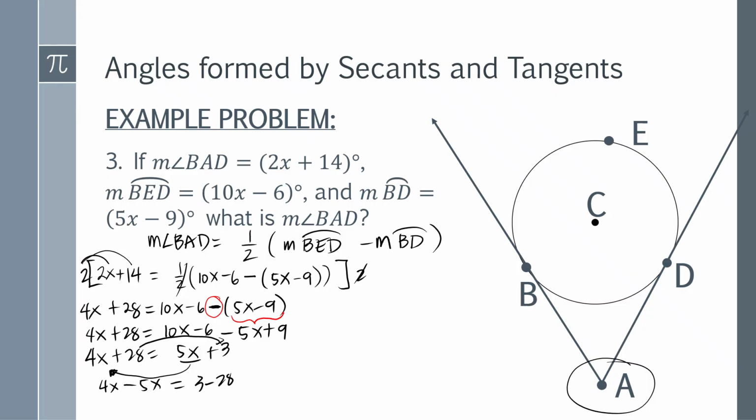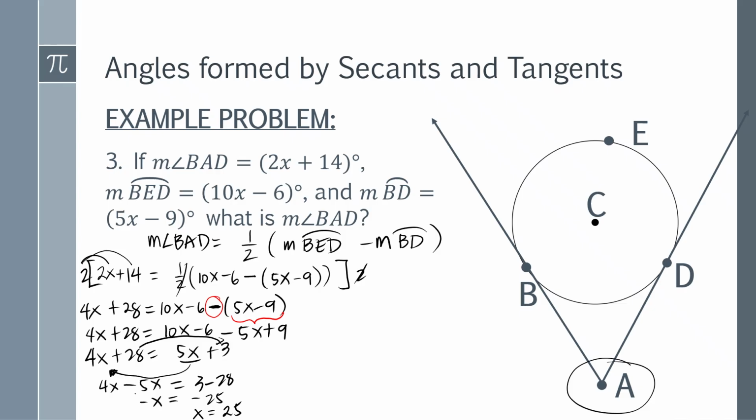And 4x minus 5x is negative x, which is equal to 3 minus 28, which is negative 25. Since we don't want a negative x here, you have to change the sign of both. So therefore, x here is 25.